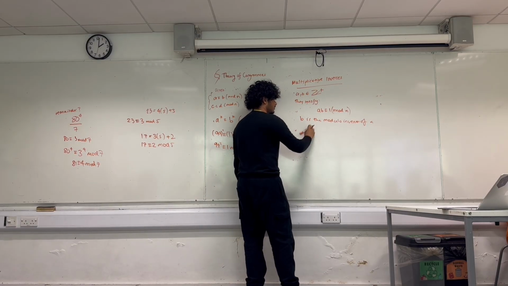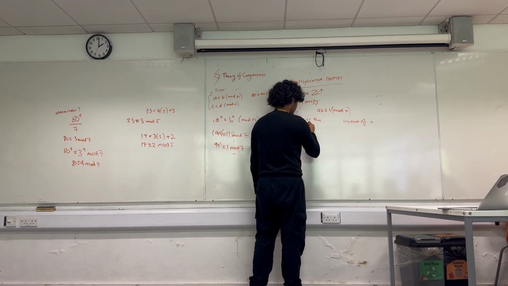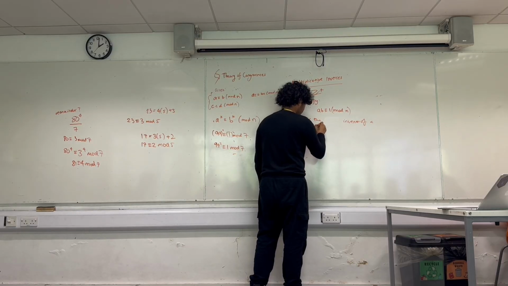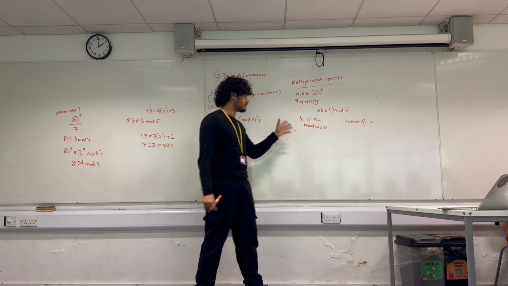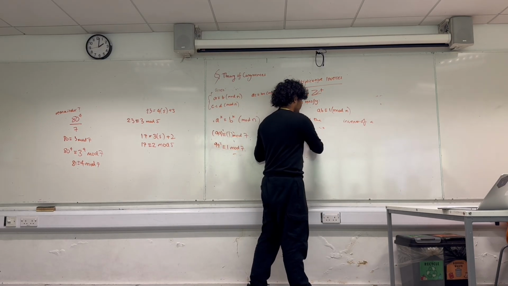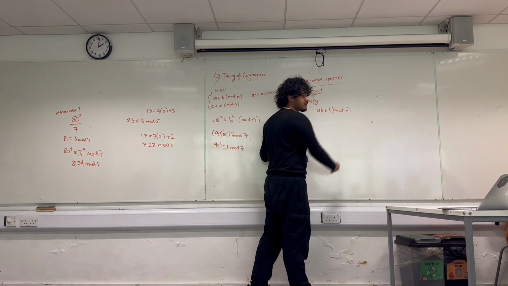You don't have to say modular inverse, but let's just say inverse of a modulo n. Likewise, by symmetry, a is the inverse of b modulo n.